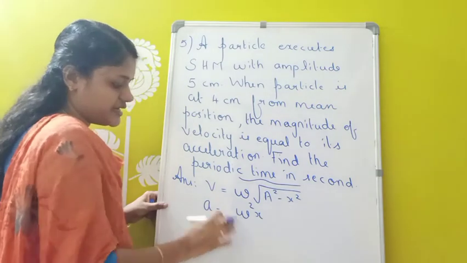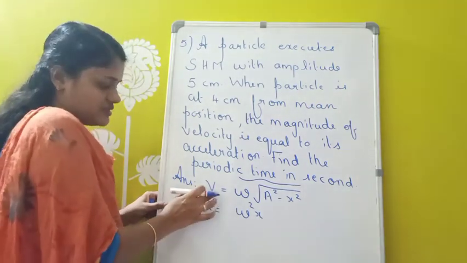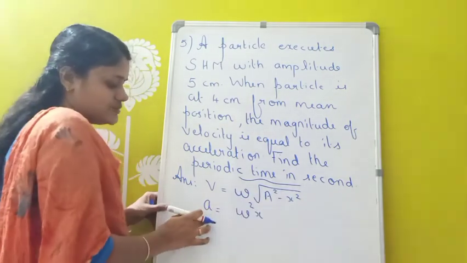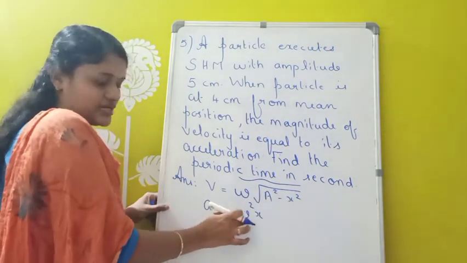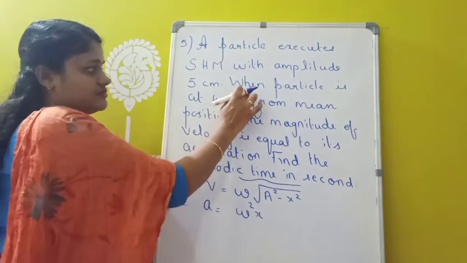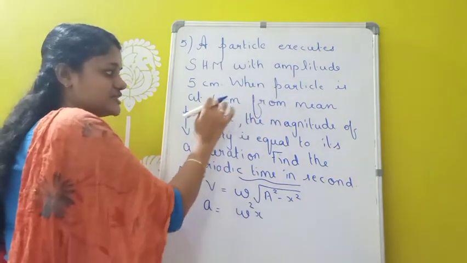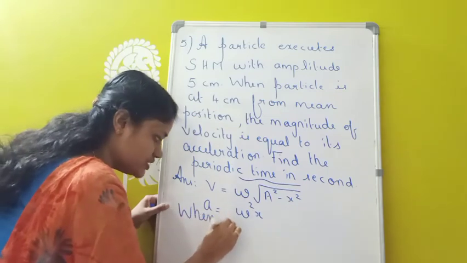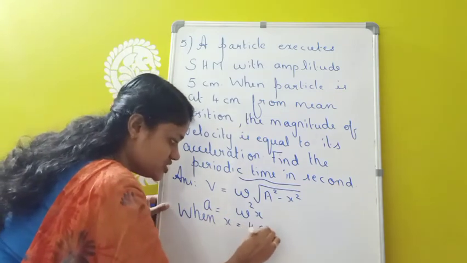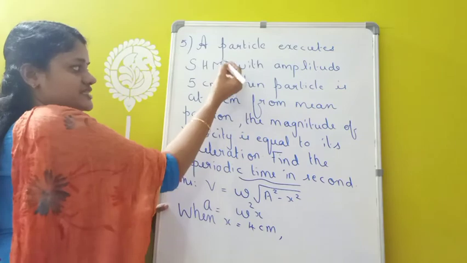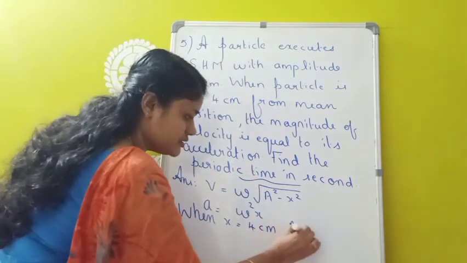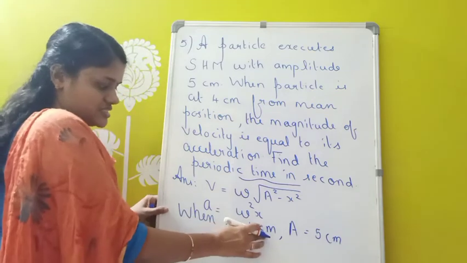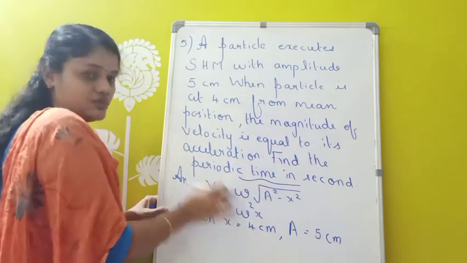So we have velocity v equals omega into root of a square minus x square, and similarly acceleration a equals omega square into x. Then they are saying that when the particle is at 4 cm, that means x is equal to 4 cm, and the amplitude is already given, a equals 5 cm.